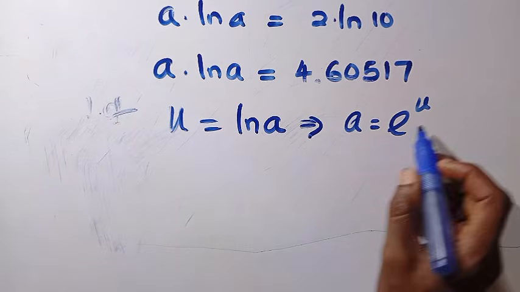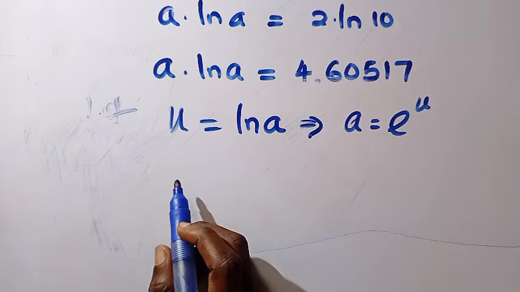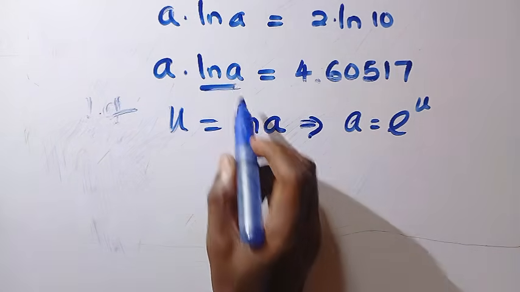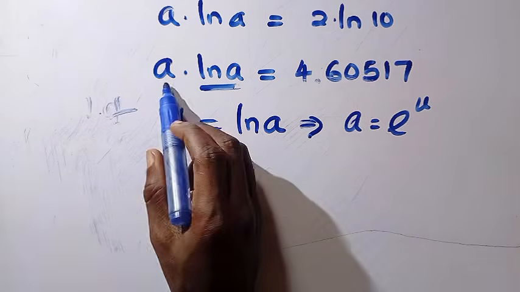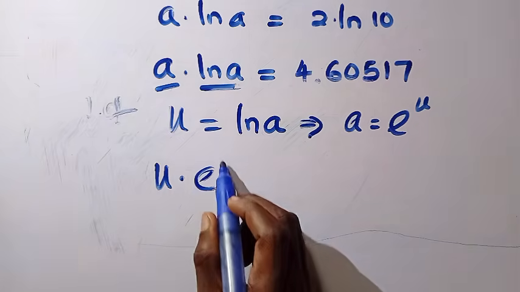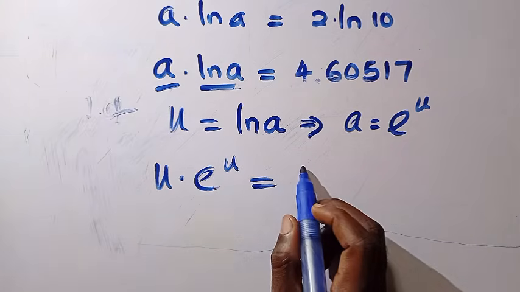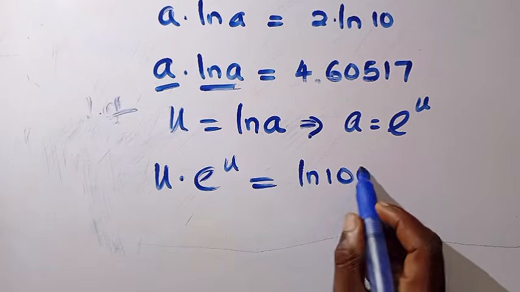Then we have A equals exponential of u. When we substitute back, the ln A here is u. Let's have it as u multiplied by A, which is given as exponential of u, equals ln 100.